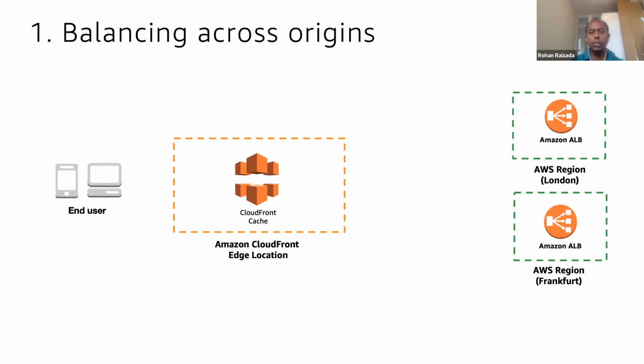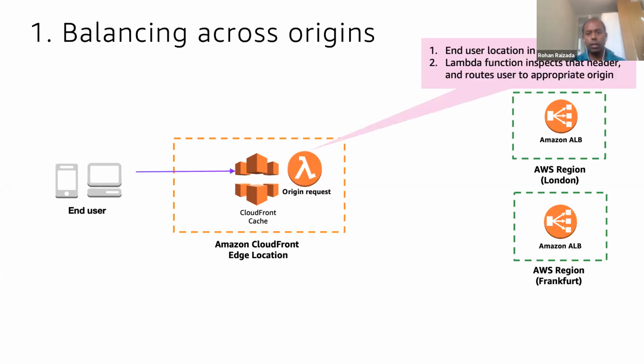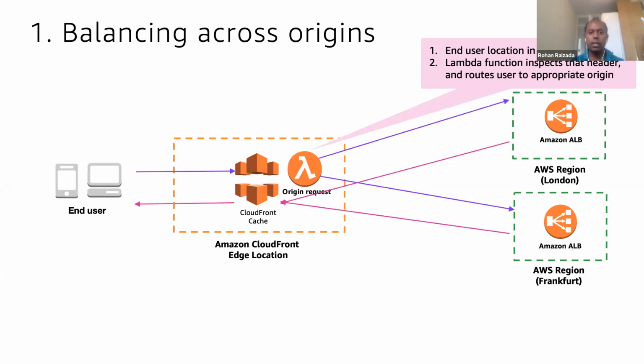So they had this Lambda Edge function, which inspected a particular custom header, and that header gave an indication of the best origin for that particular request, and then they routed it to the appropriate backend origin. Based on the location, they would route it to the appropriate origin, and then send the response back to the end viewers.